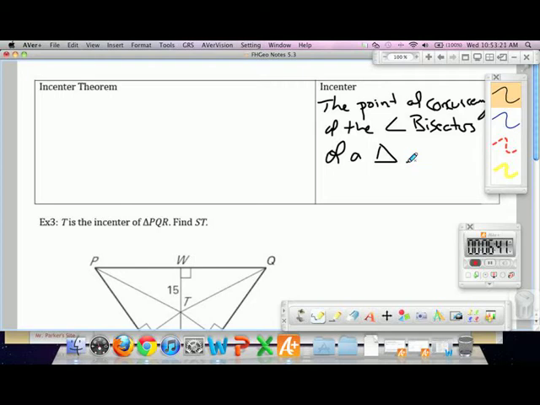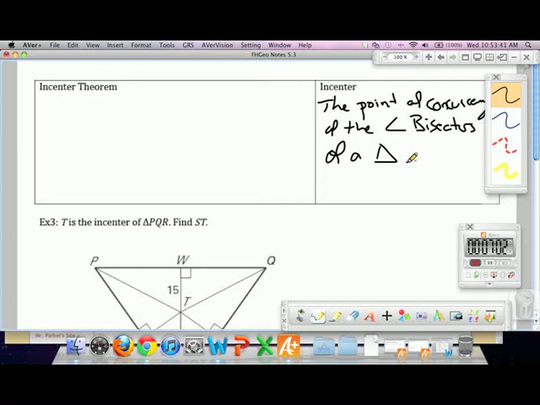Yesterday we had the circumcenter, which is where the perpendicular bisectors met. When we cut the sides in half at a 90-degree angle, they met at the circumcenter. If we cut the angles in half, those three rays intersect at the incenter. These two points are not necessarily the same.